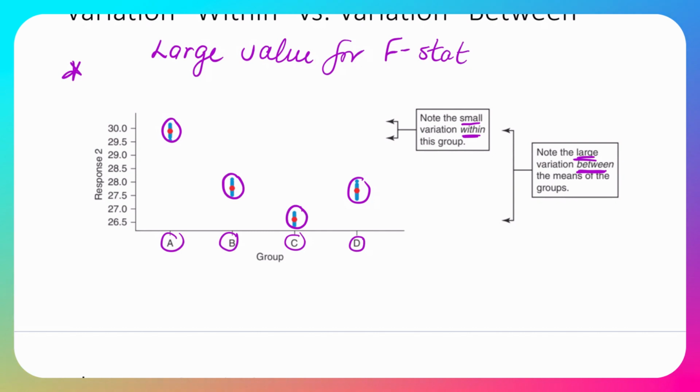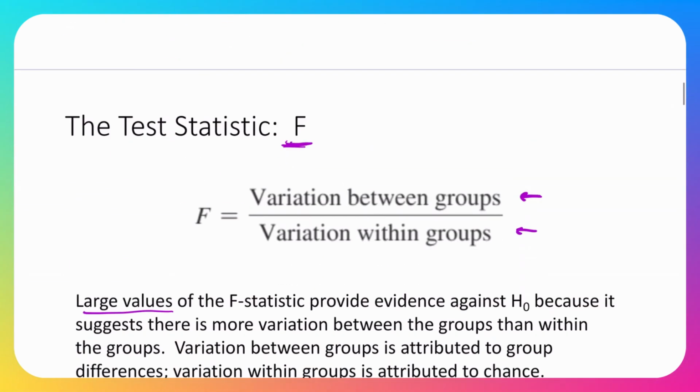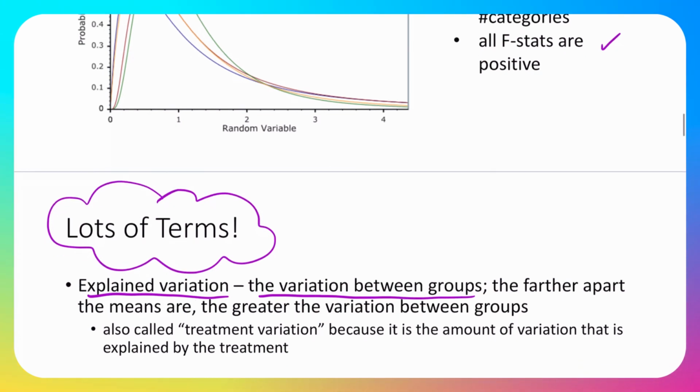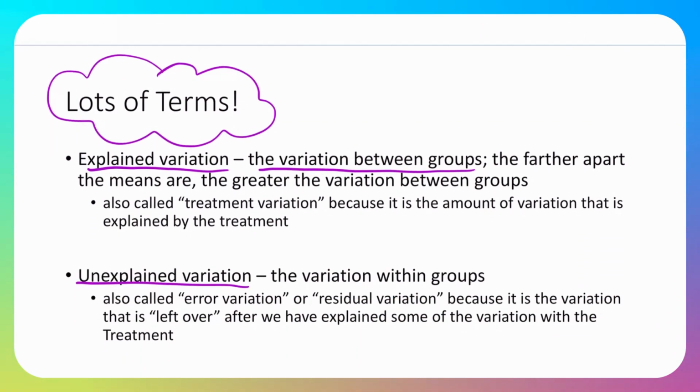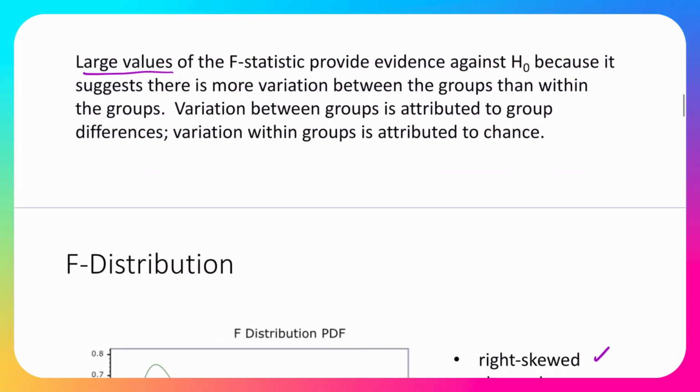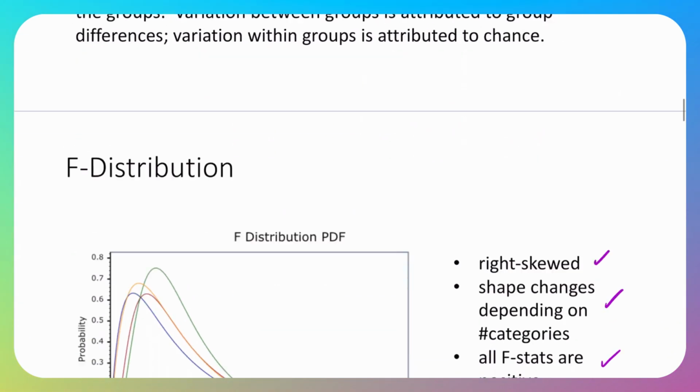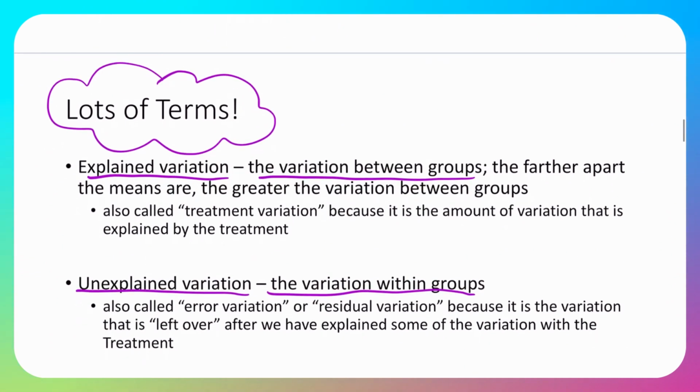So this picture would have a large explained variation. Unexplained variation is the variation within the group, all right? And so this picture here, again, would have a small amount of variation within the group, so a small amount of unexplained variation, okay? And there are many synonyms for these, and you can see them here.